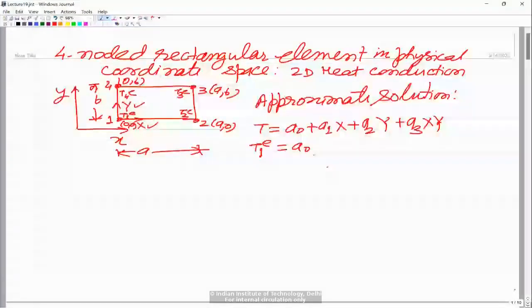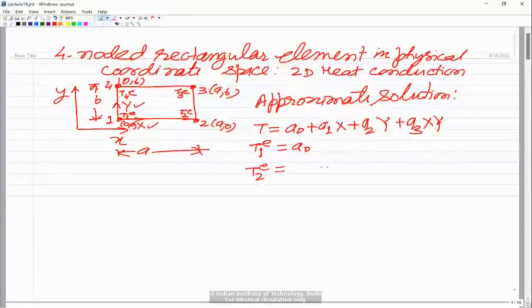Then T2e is the value of temperature at node 2, where the x coordinate is a and the y coordinate is 0. So you get a0, which is T1e, plus a1 into a, and these are the only terms you get. Therefore A1 is equal to T2e minus T1e upon a.